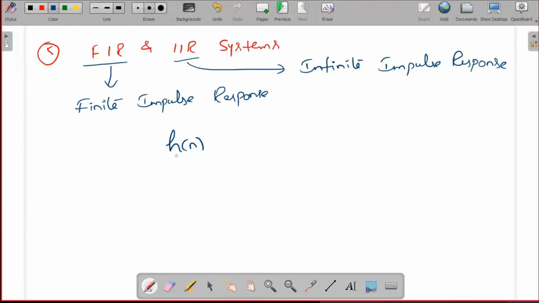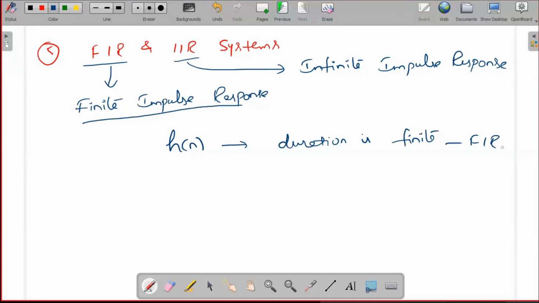Now, if its existing duration is finite, the signal exists only for a finite duration, like -5 to +5, 0 to 100, or -10 to +10. It exists only for the finite duration. Then that system is called a finite impulse response system, FIR system.